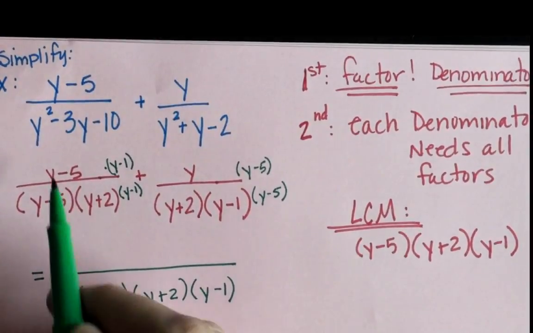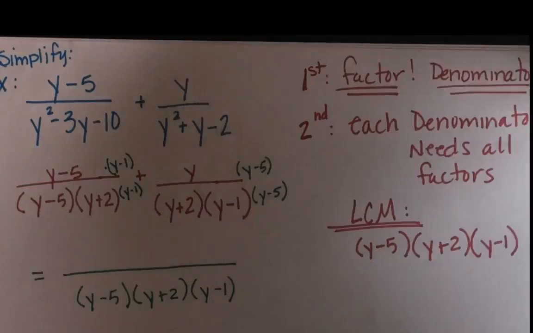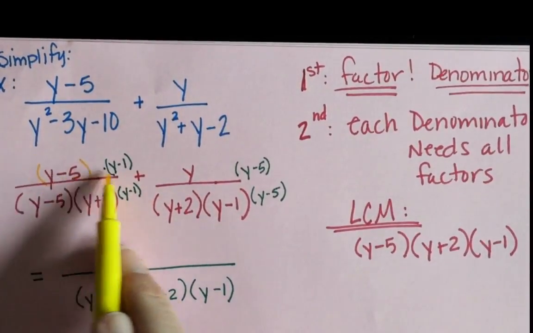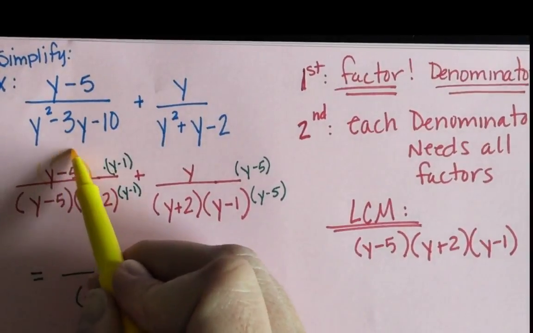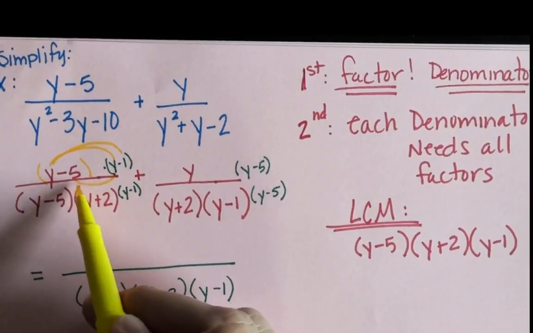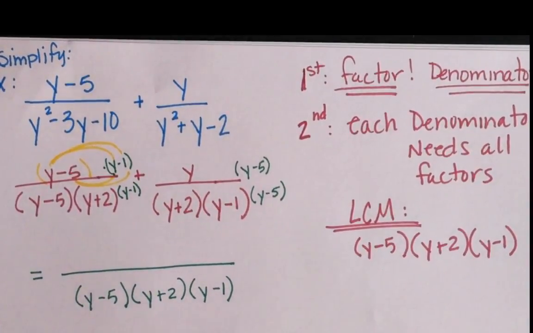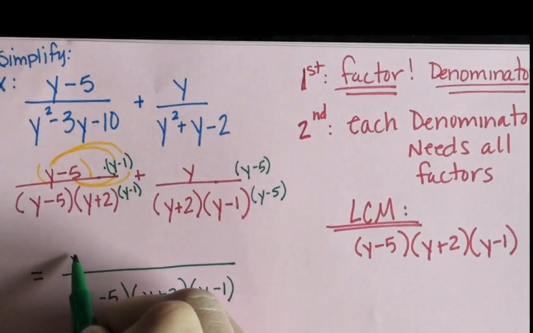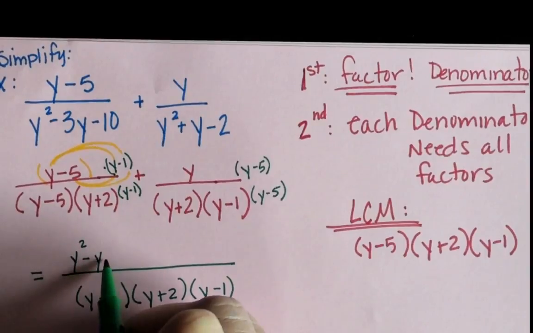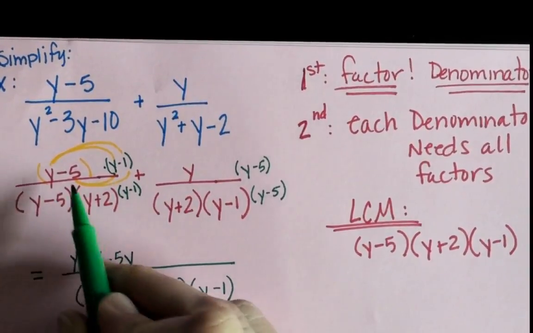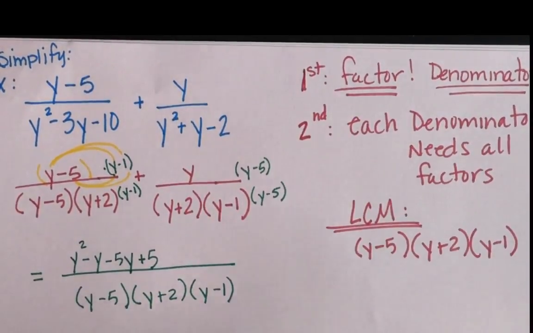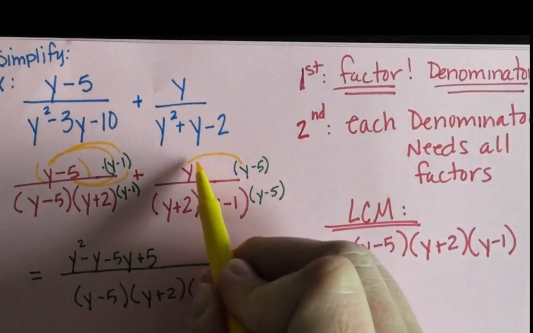But on top now, what I end up with, and again, just to save some space, you have a binomial times a binomial, which means we're going to do the FOIL method. First times first, first times outside, inside, last. So we end up with, on the top here, y squared minus y minus 5y plus 5. And over here in the second one, we're going to use the distributive property.